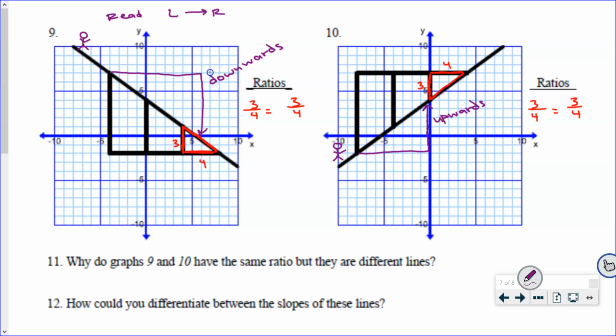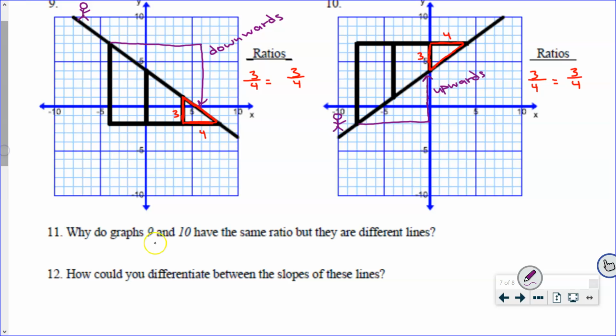So this is going downwards and this is going upwards. The main difference is number 9 goes down and number 10 goes up. But please also make sure that you remember it's because we read from left to right.